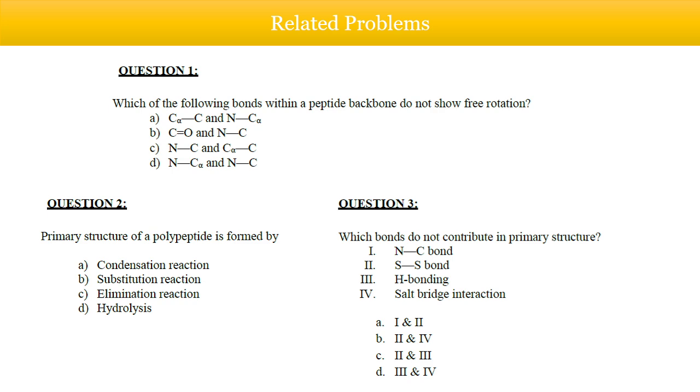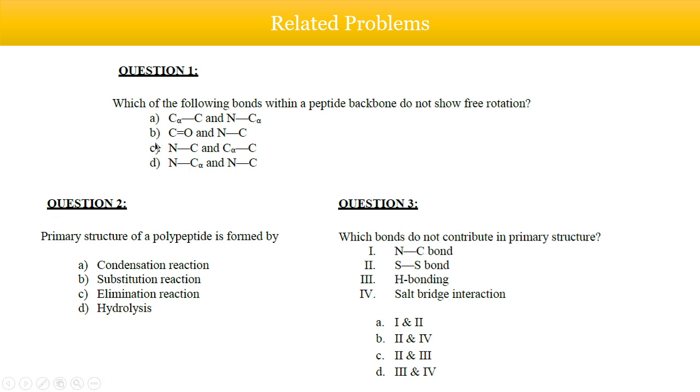The correct answer is B. Due to the conjugation of the nitrogen lone pair with the carbonyl group of the amide bond, it has a partial double bond character, and we all know that double bond characters, even partial ones, don't go for free rotation. So the C-N bond gets hindered, and the N-C alpha bond does rotate in most cases, because N-C alpha is the phi angle, and phi angles vary for the secondary structures.